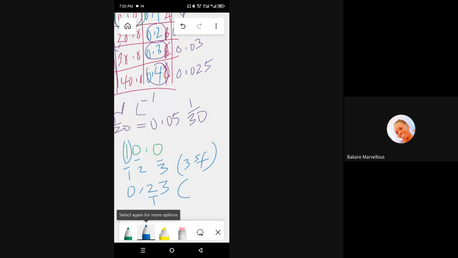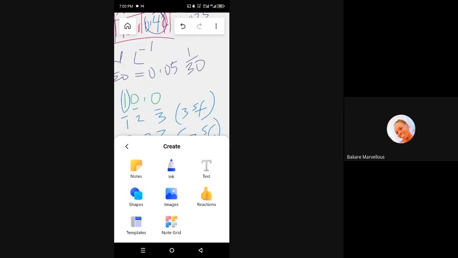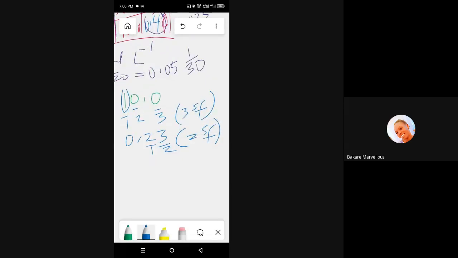So this is 1, 2. So this is 2 SF. Do you process that? Yes, sir. Shall I give you one more? 0.1010 is how many SF? 4. Very good.